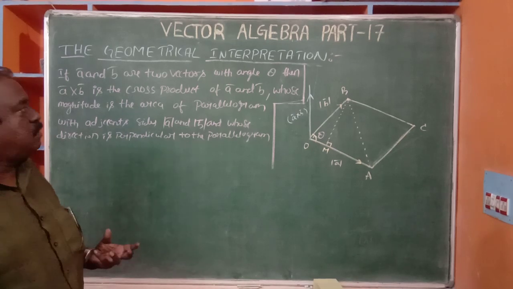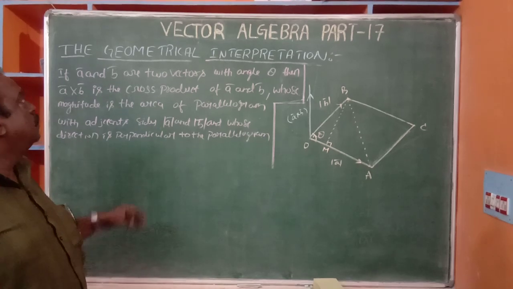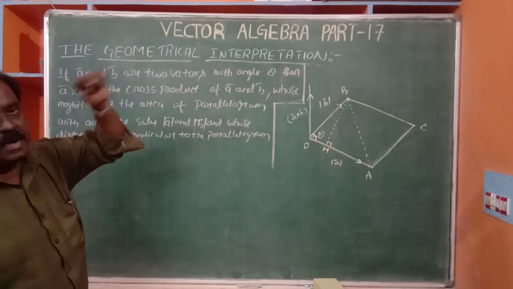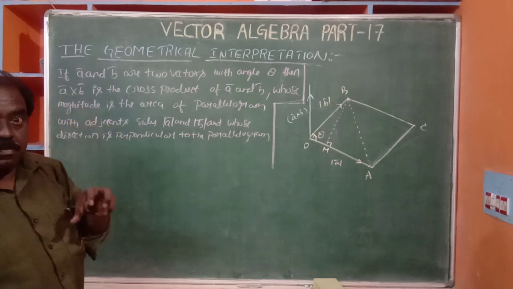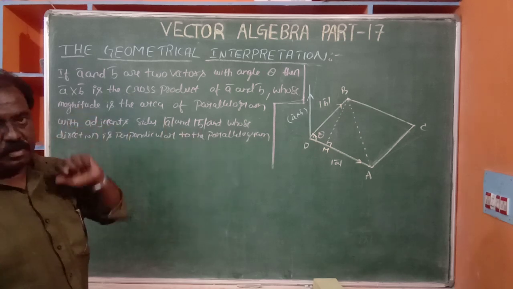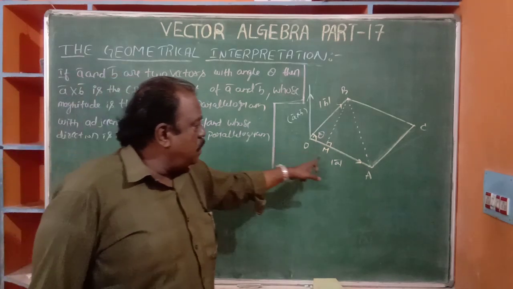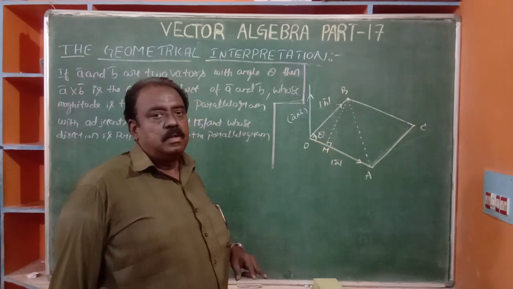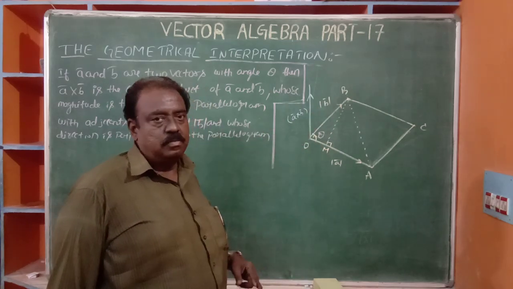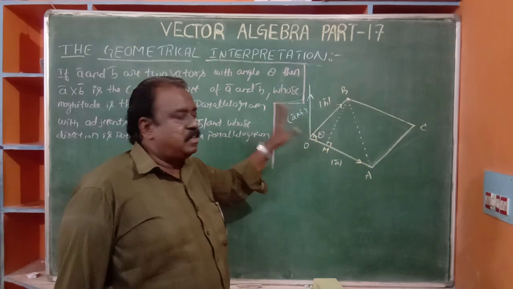Now we discuss the cross product of any two vectors A bar and B bar, the geometrical interpretation. How can we show the cross product geometrically? Observe: OA is A bar and OB is B bar. There are two vectors, and the angle between them is theta.